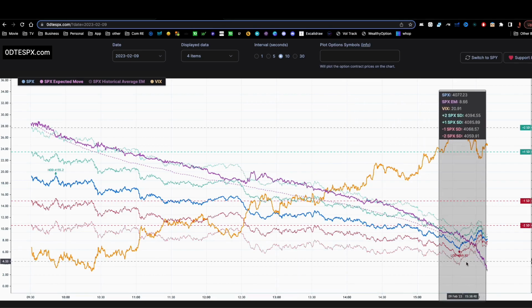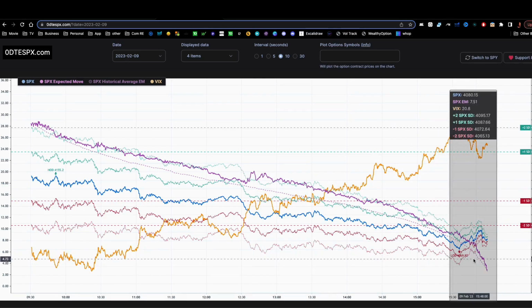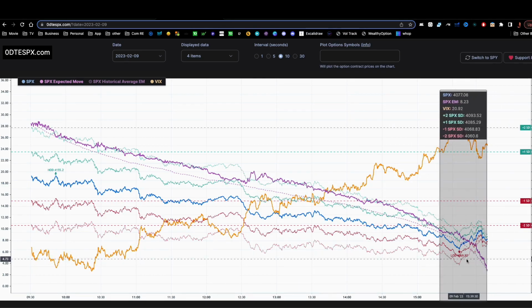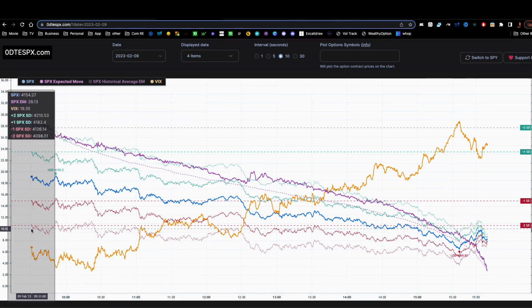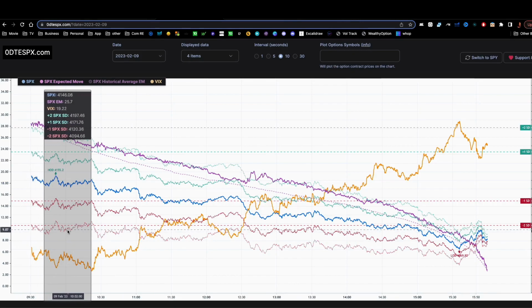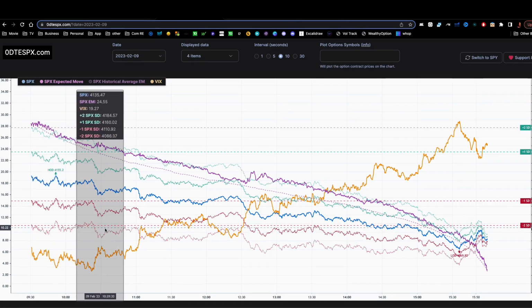But what you can see, the low of the day was 40.69. So right here where this line is, 40.69. And you can see that the market gets lower than where this standard deviation line is. So this standard deviation line is right here.